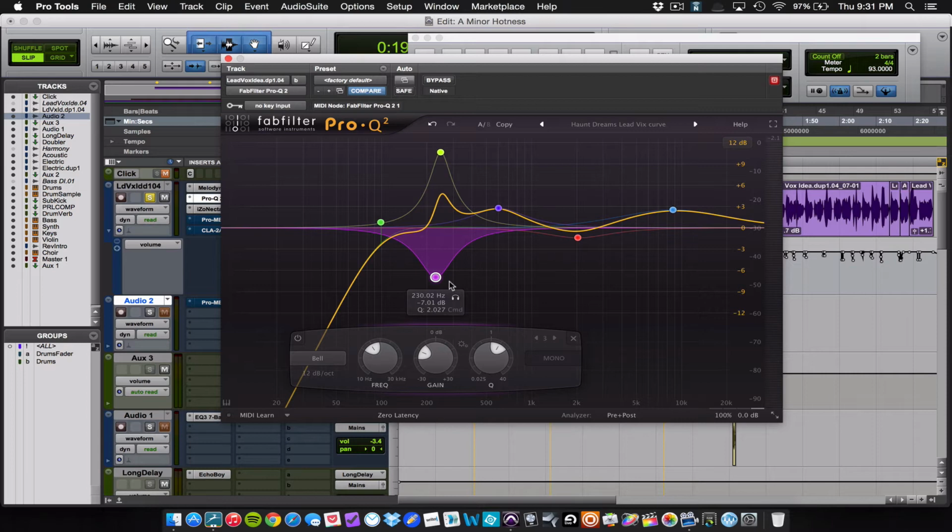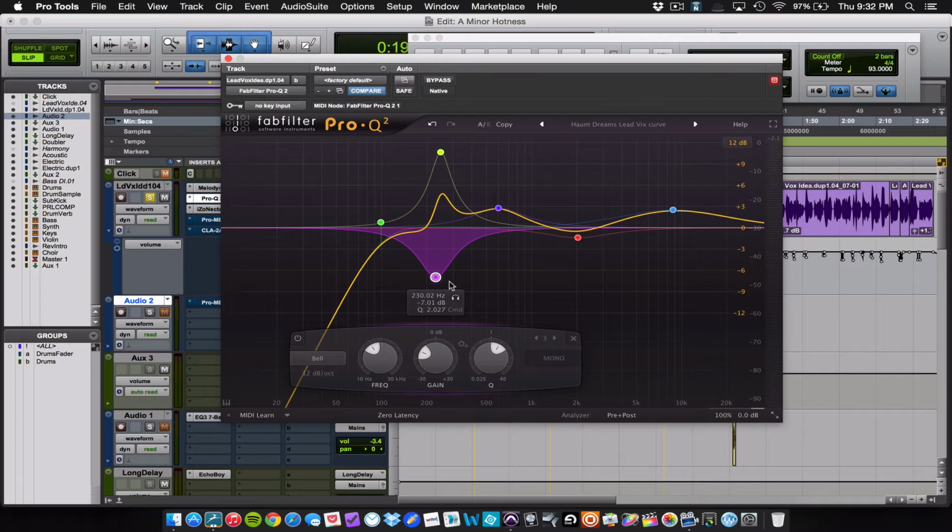But if I were to just cut out 230 to 250 hertz, that whole range for the entire performance, then I would lose the low end on particular phrases where I would want low end. Okay, so before people really started to adopt this multi-band idea, what they would literally do, and you can do this for all instruments, is this. It's popular in bass lines too, because the bass player will be playing his part, and then there's one particular note that he hits that just squawks and resonates really hard.